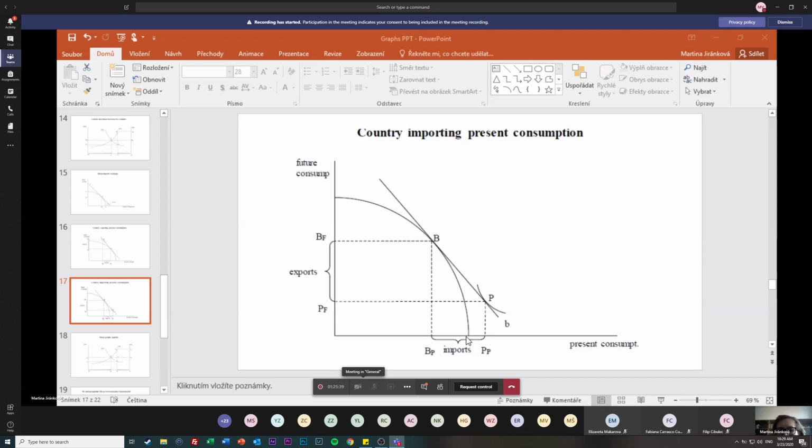So let's leave the graph and go to the final form of the capital movement. That means we have done all these international capital movement, intertemporal trade, intertemporal PPF, intertemporal comparative advantage.